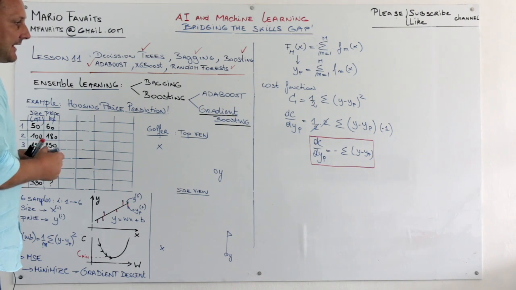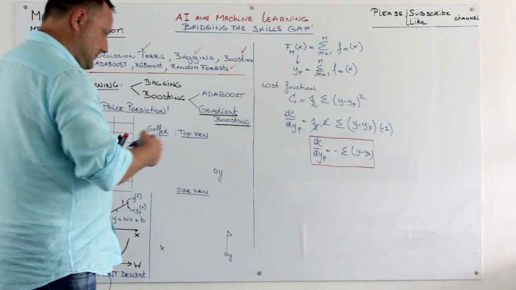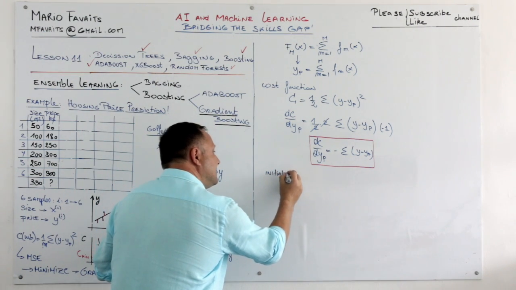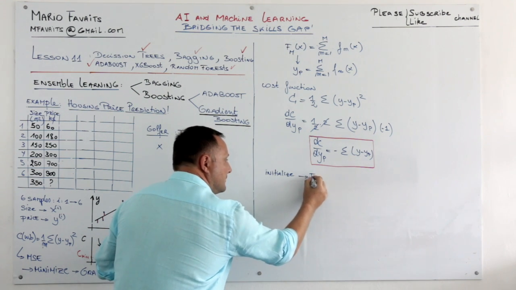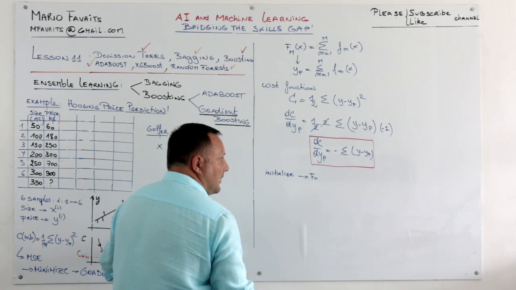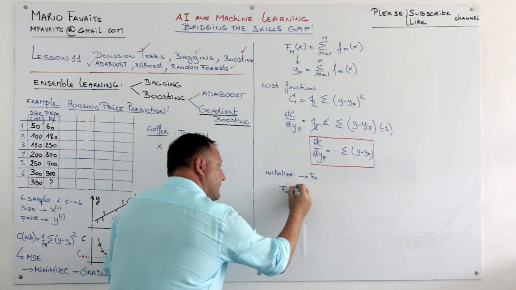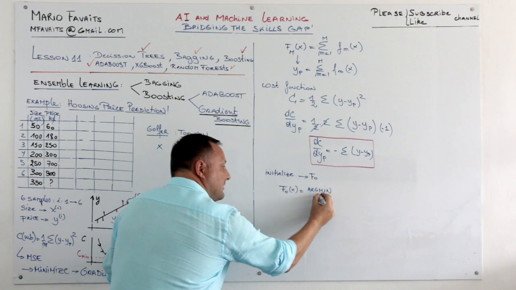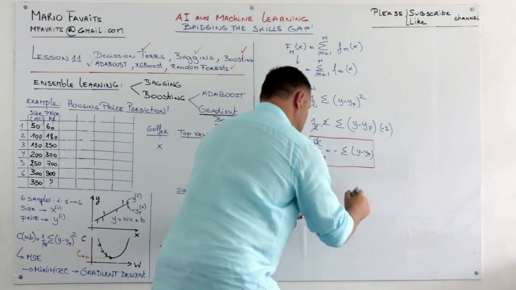Alright, so now we have to initialize our model. So we're going to calculate this F0. How are we going to do it? Well, it's quite simple. F0 of x, we're going to take the minimum with respect to yp of that cost function.